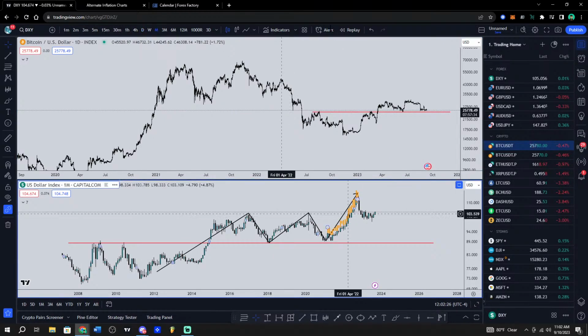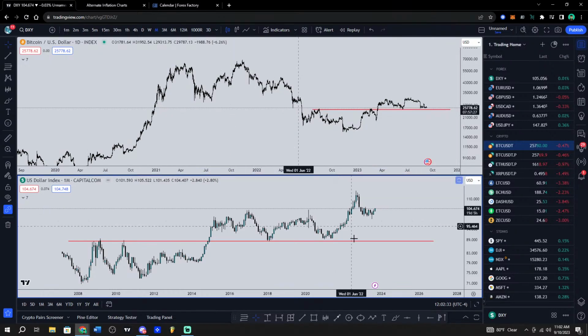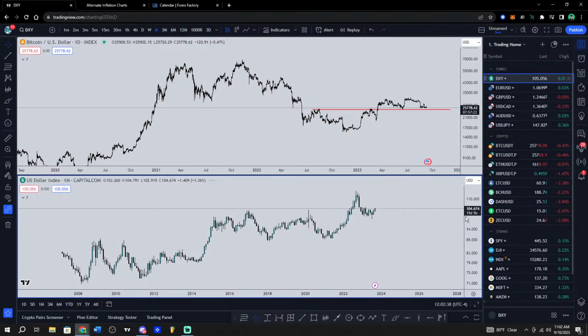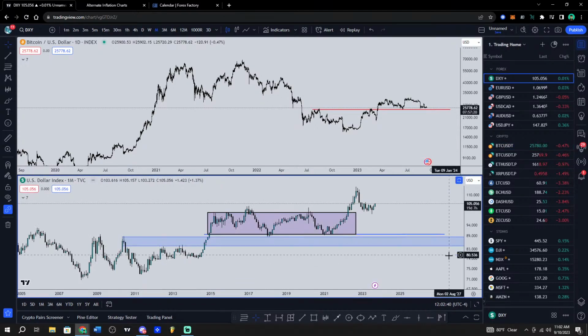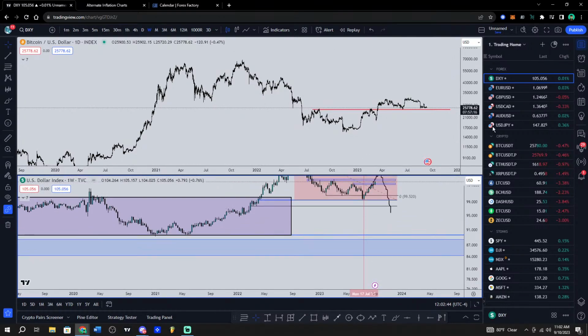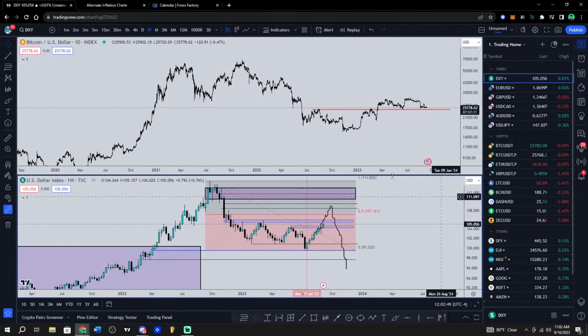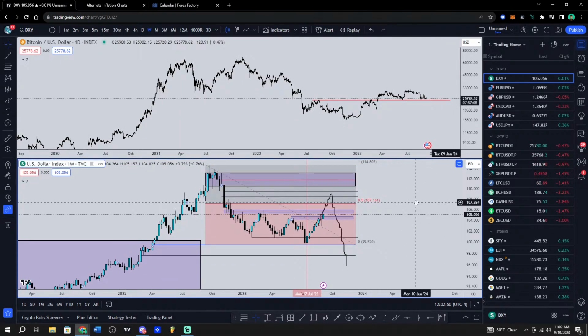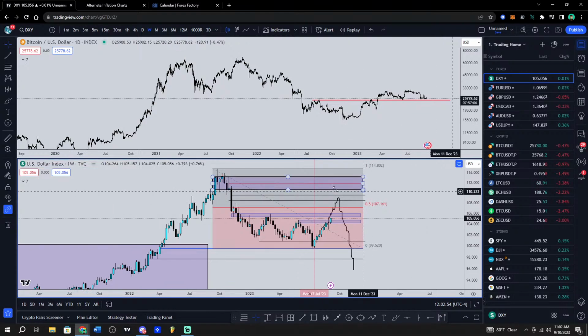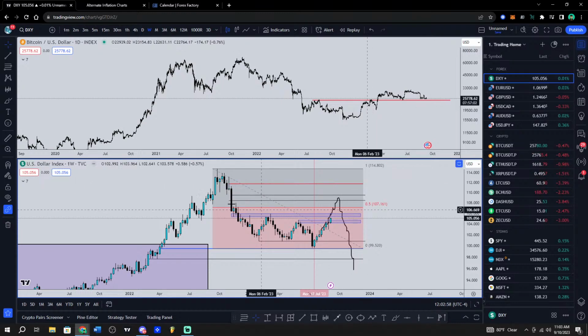Yeah, that's what I was going to say. So let's look at the Dixie next to Bitcoin. Let's do this chart. Here we go. Let's go to the weekly. So this was my initial thought on the Dixie. I thought it would come up here.